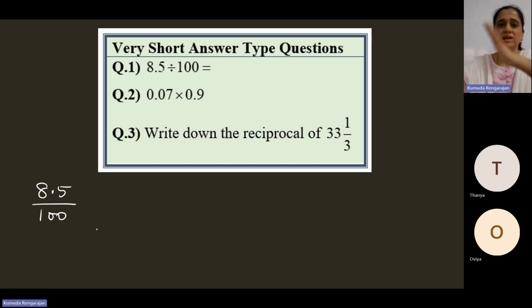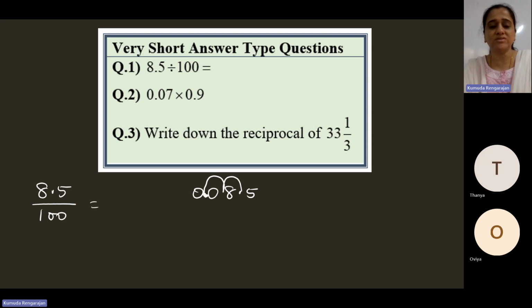If you're getting confused, you can just write 8.5 as 008.5. I've not written the answer, I'm just writing 8.5 as 008.5. So shift it now to the left, 1, 2, by 2 decimal places. So what's the answer? 0.085.